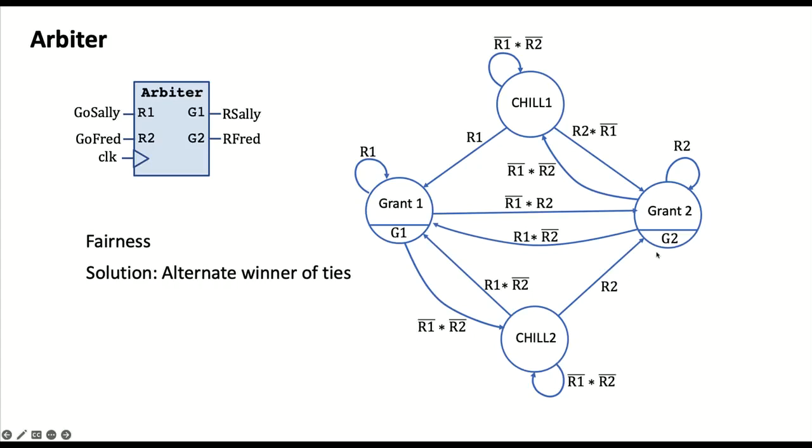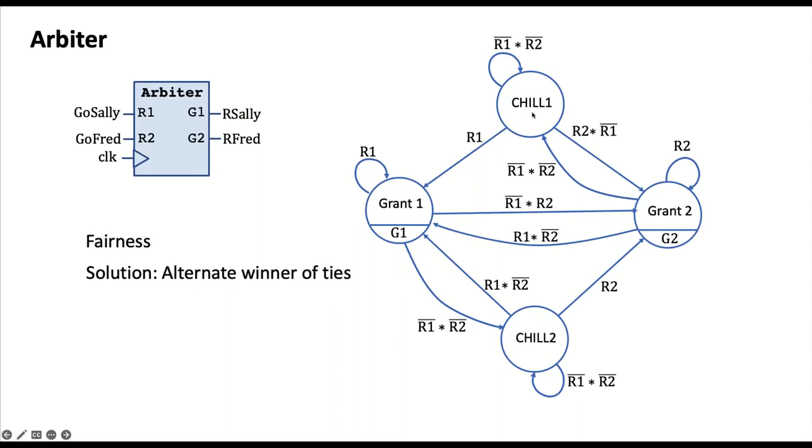So what's happening here is we're actually not alternating the winner of ties. We are breaking ties in favor of the person who didn't have it last. I should change that. Remember to change that. So whoever did not have the resource last will win the tie.